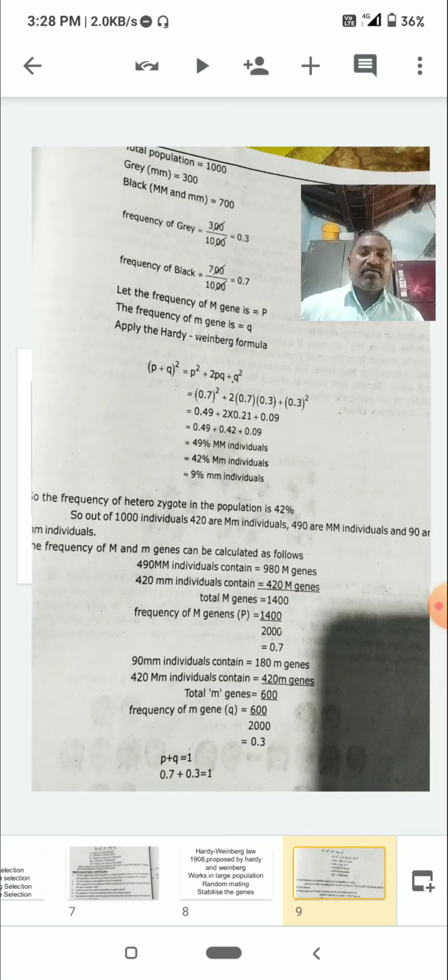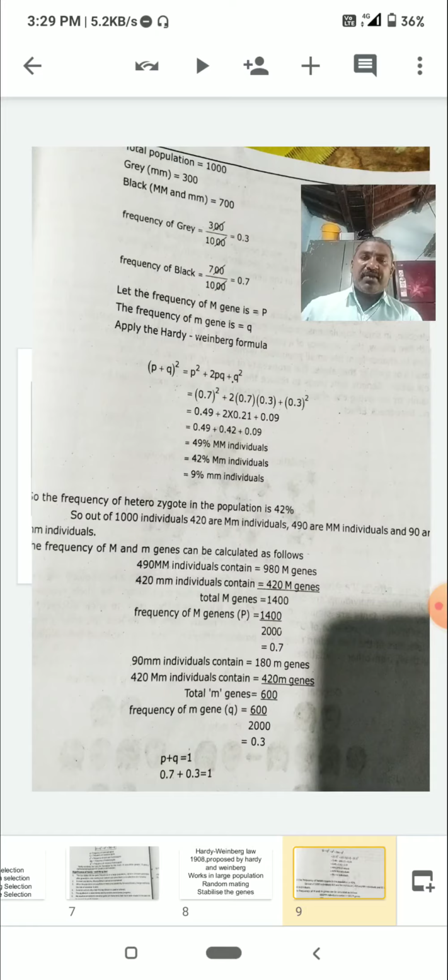Apply the Hardy-Weinberg formula. So, (p + q) whole square equals p square plus 2pq plus q square. Here the frequency of p is equal to 0.7 and the frequency of q is equal to 0.3.